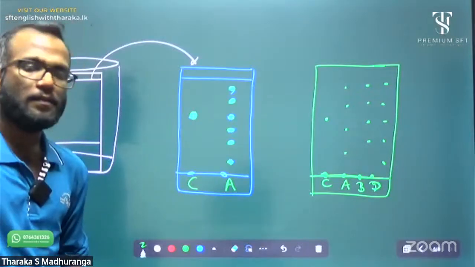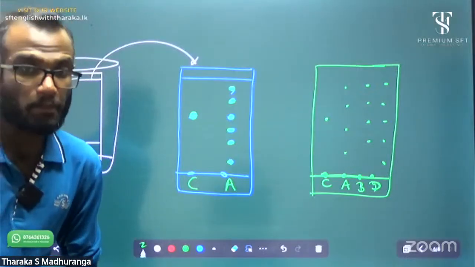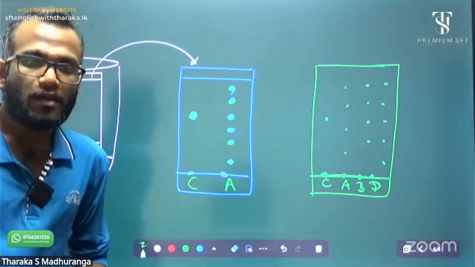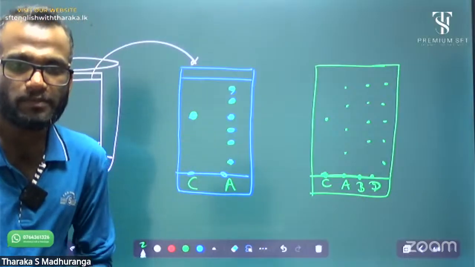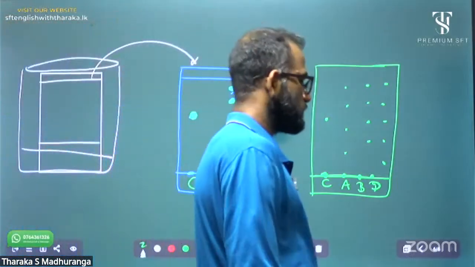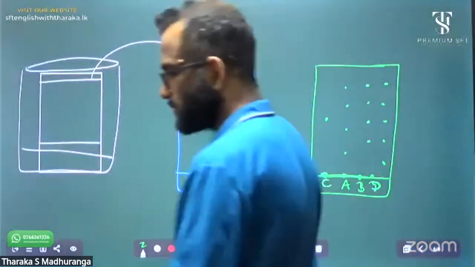Final question. In paper production, I told static phase and dynamic phase. What is the static phase for thin layer chromatography? Quickly.